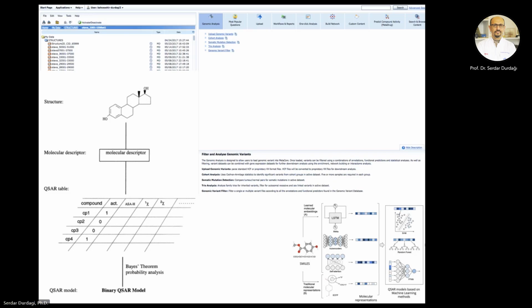In Metacore Metadrug, we have about 70 different QSAR models. When I say QSAR, actually it's QSPR, the quantitative structure-property relationship. This means that we can build a ligand-based model based on any physicochemical property. For example, if you have enough structure data with cardiotoxicity, you can create a toxicity QSAR model.